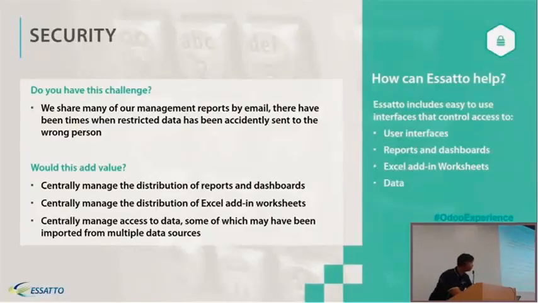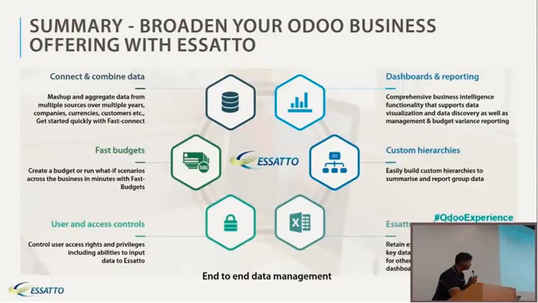Okay, so security. I can talk about this with you guys offline, but there's a comprehensive and extensive security layer there where you can manage the distribution of all your reports and your dashboards, all of your Excel worksheets, and you can also centrally manage the access to all of your data, no matter where it's come from. Okay, so in summary, Essatto is not just a BI tool, and it's not just a data connector.